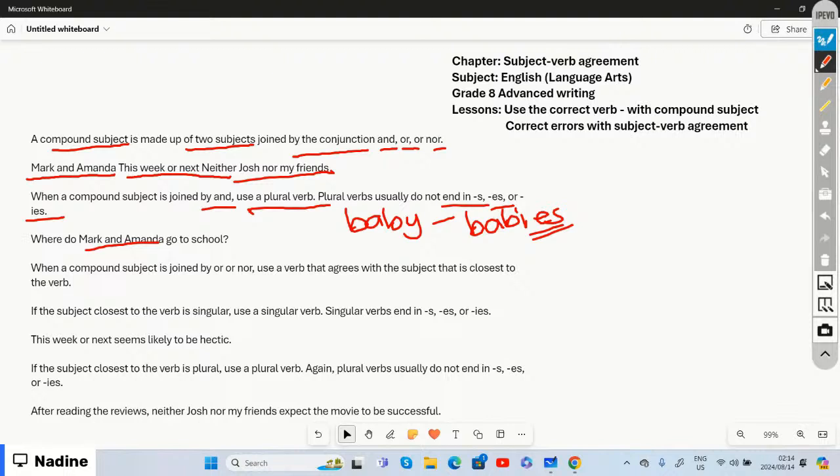That basically means that Mark and Amanda refers to more than one person, because it is Mark and it is Amanda.